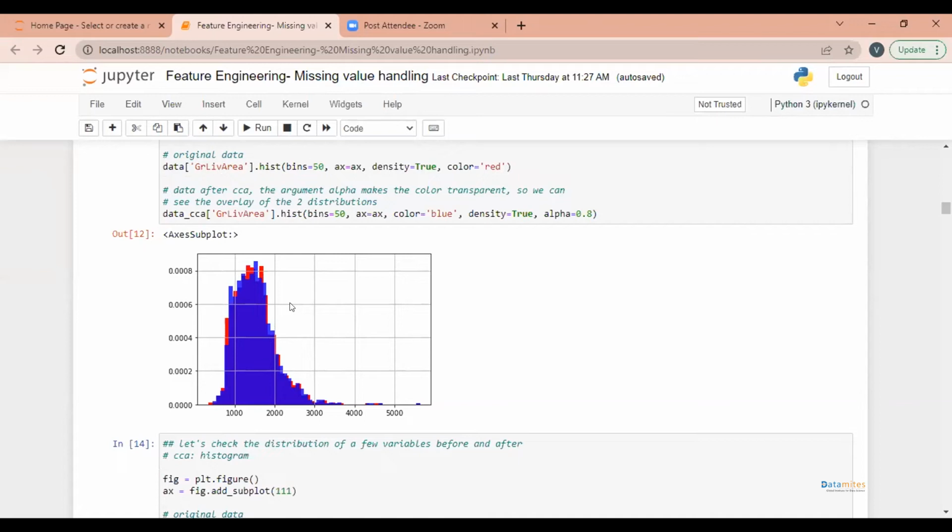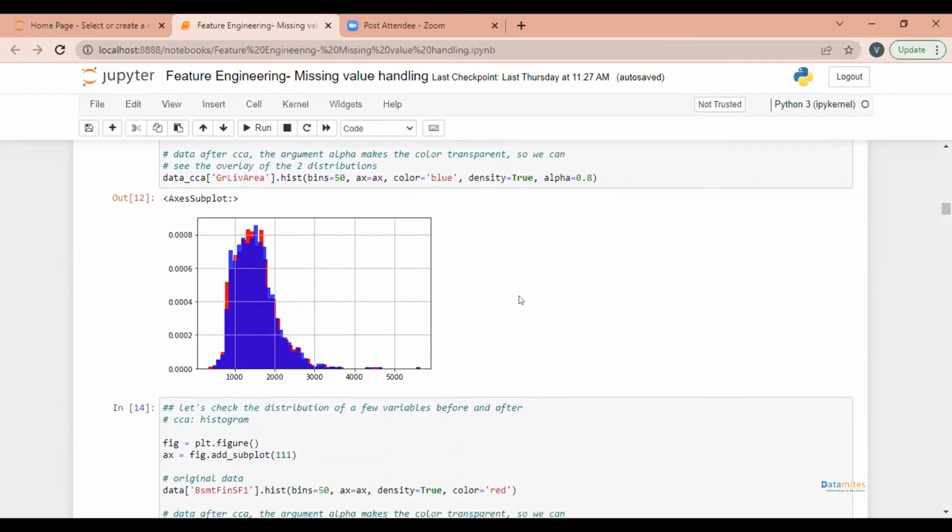I want to compare the distribution in this case because I also want to show you that if the data was missing at random, the distribution of the variable should be preserved. And here, for the variable ground living area, we can see the distribution before and after the CCA is very similar. And this is the case for a numerical data set.